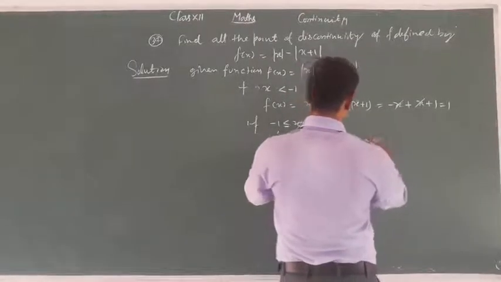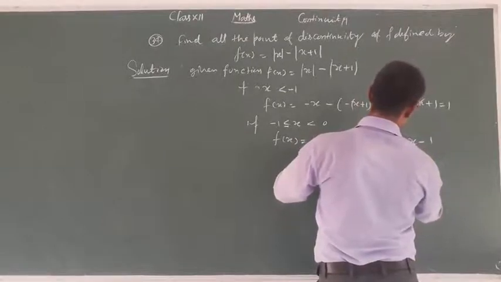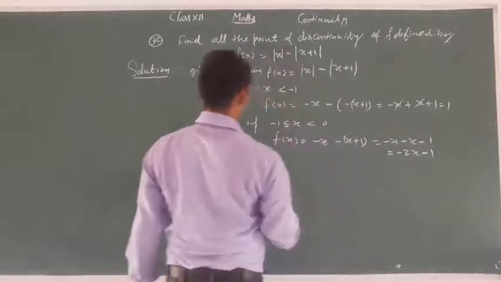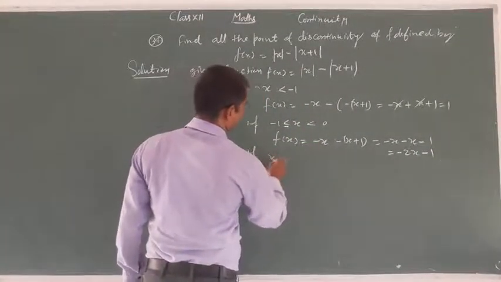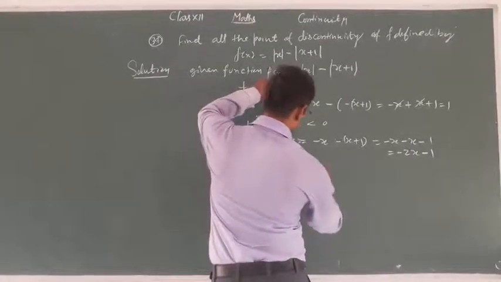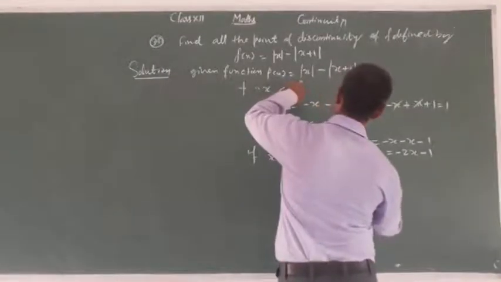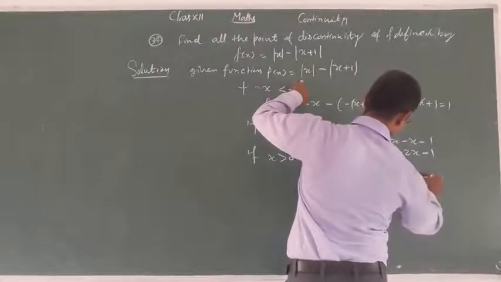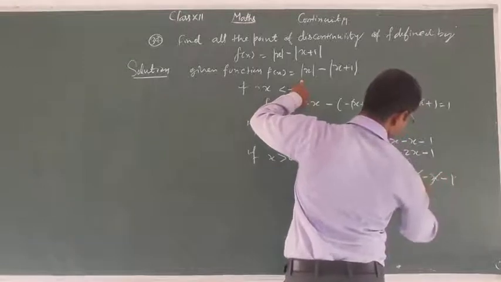So minus x minus x minus 1, so minus 2x minus 1. If x greater than 0, the value of f(x) is equal to x minus (x plus 1). So x minus x minus 1, so x has cancelled out.